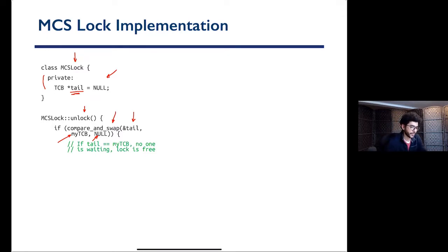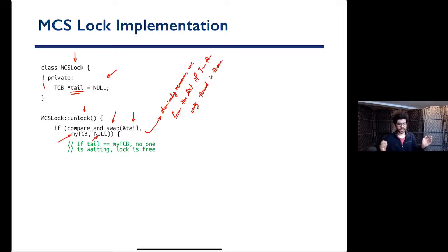So this atomically removes me from the list if I'm the only thread in there. So if I'm the only person, then just make the list empty because I'm done. I'm unlocking this.